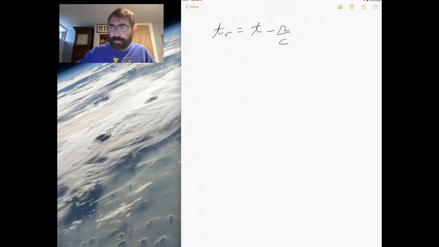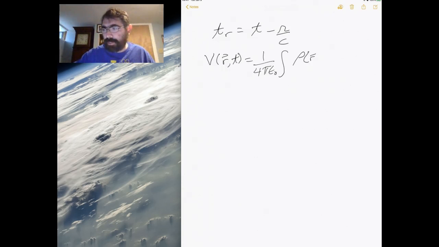And what I found is that I can write out the potential in the form of essentially what looks like a Coulomb's law, except now I'm writing the charge in terms of its past time.